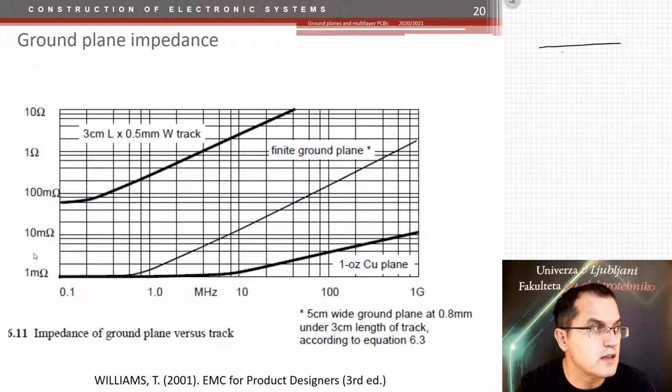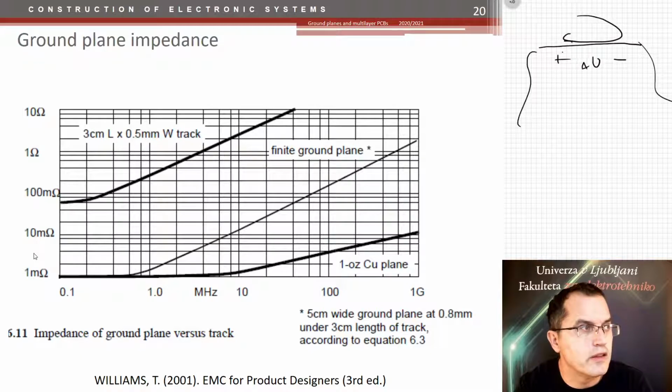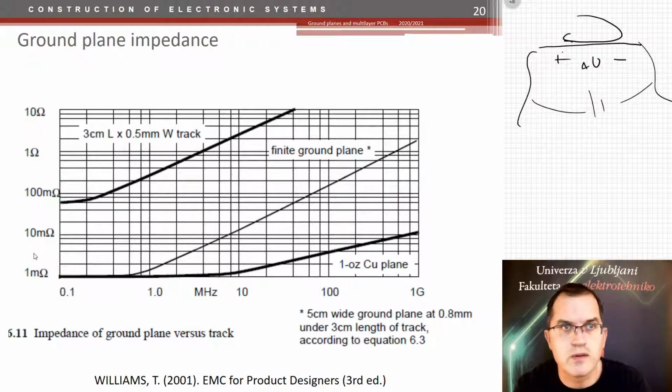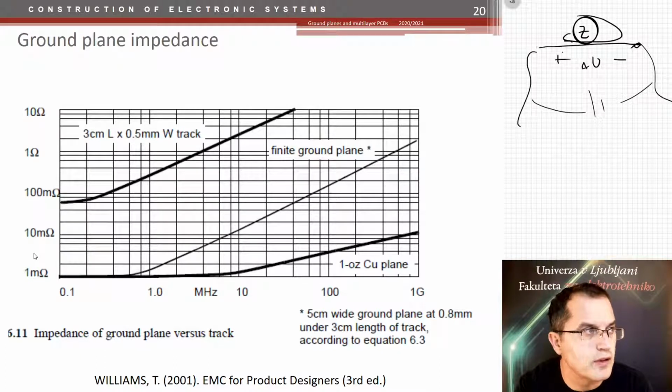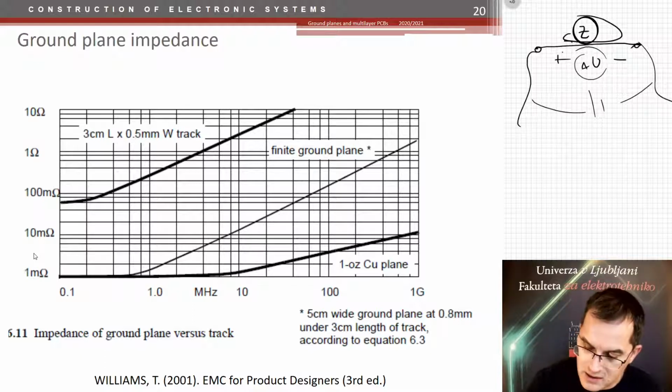So if this is a ground plane, the current flows on that ground, it would cause a voltage difference, and that would then radiate through the air very quickly. So minimizing the impedance of my ground plane from point A to point B would also minimize the voltage drop, and therefore minimize the common mode current generated common mode noise.